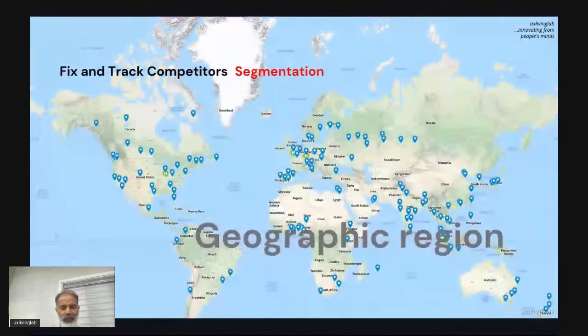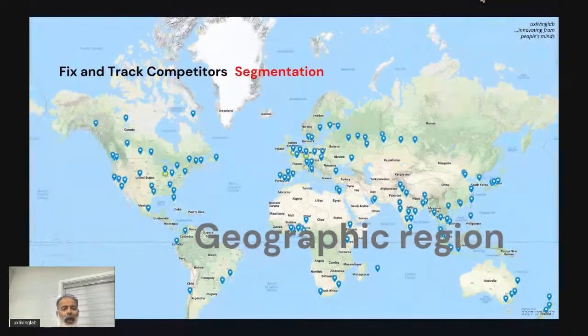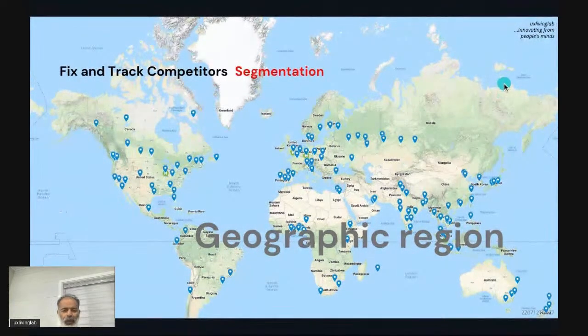Starting with the segmentation. How big your business is, or how big your targeted market is, determines how to segment your market. You may be talking about a global market. Sometimes you may be talking about a regional market, sometimes a city, sometimes a very closed community.